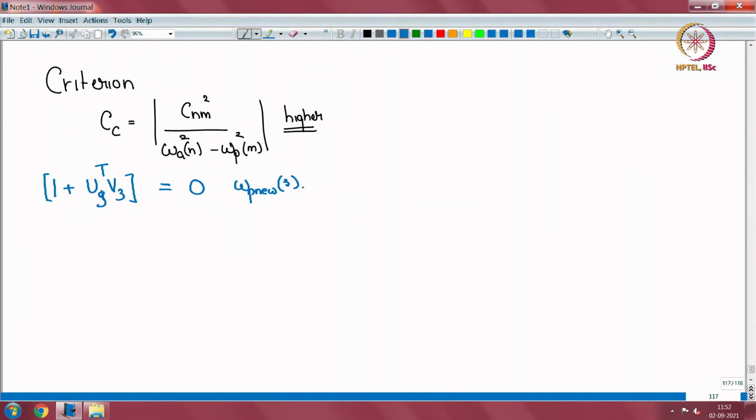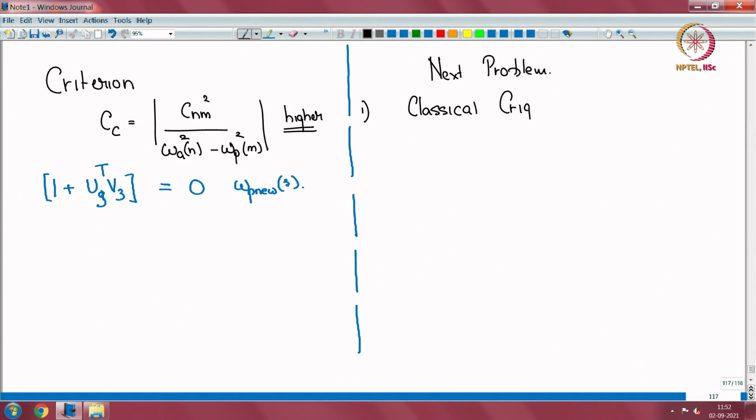So now we will move on to study another system, the next problem. So far, let me just recapitulate. The first problem was the classical Creighton's problem, where you looked at fully coupled dynamics.